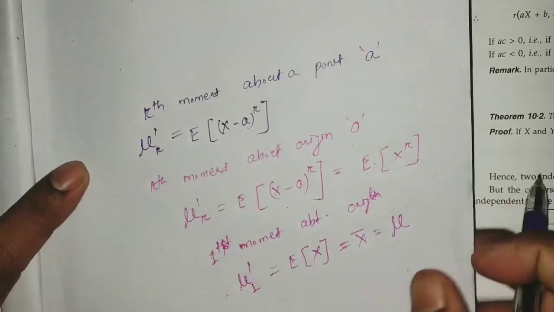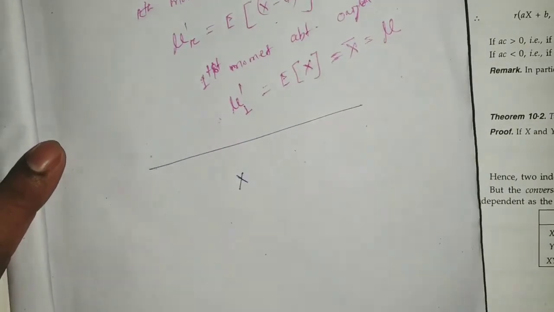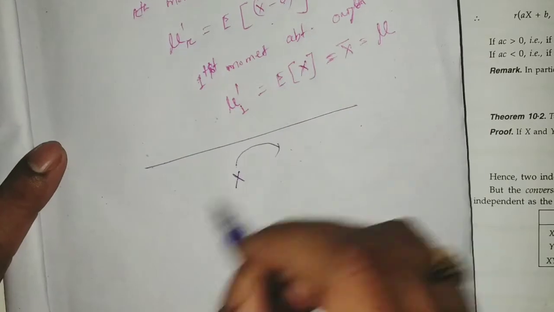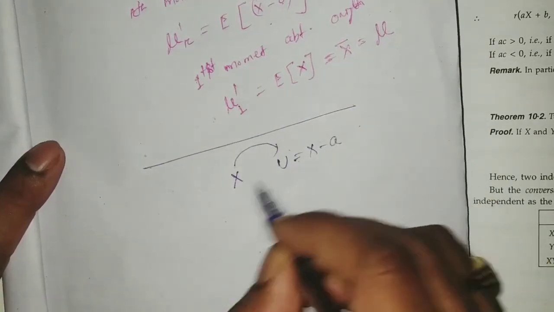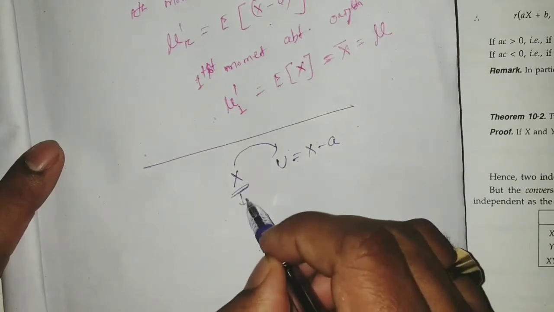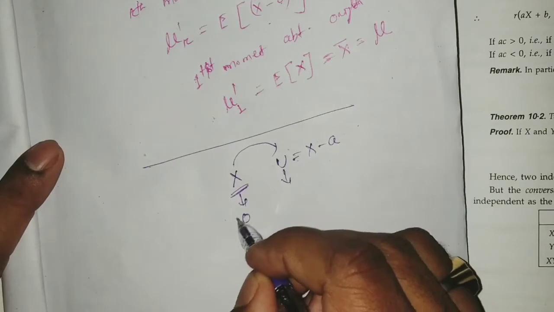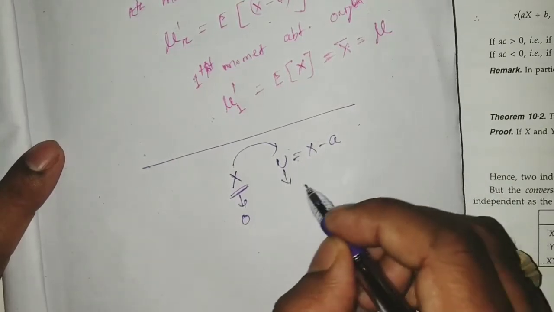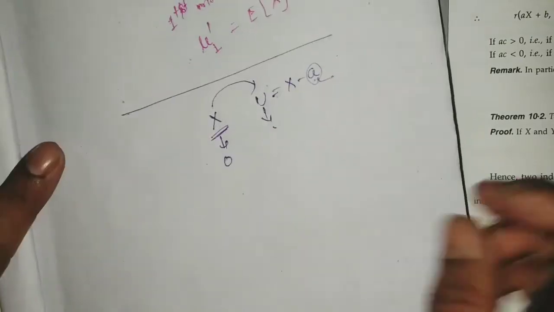Likewise, whenever a random variable x is transformed to another random variable u like x minus a, the origin for x is 0, and for this u the origin changed to another point, that is your a. Okay, that you have to consider.